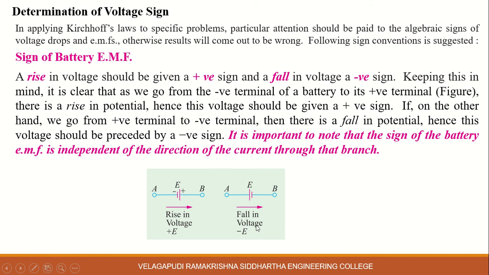So positive terminal to negative terminal is a fall in voltage, and negative terminal to positive terminal is a rise in voltage, represented with a positive sign.